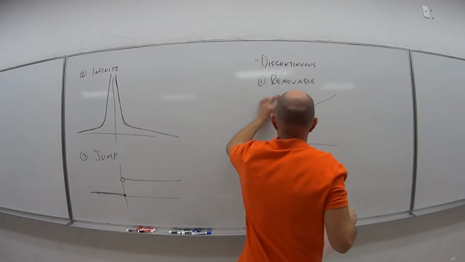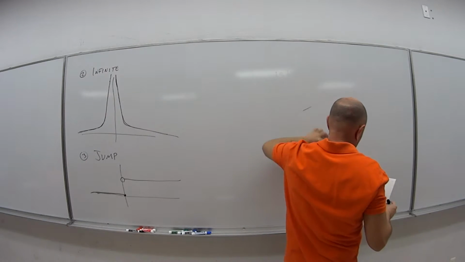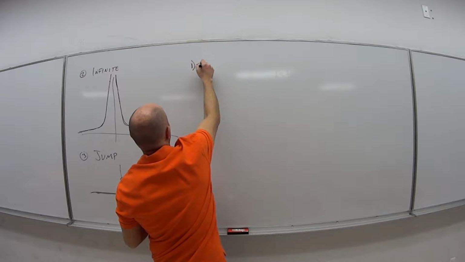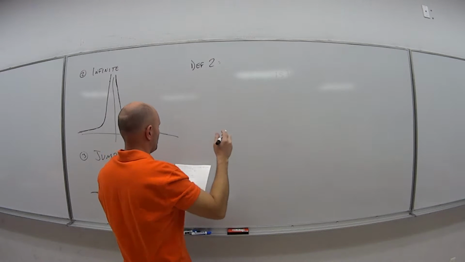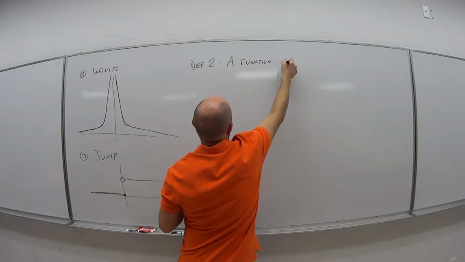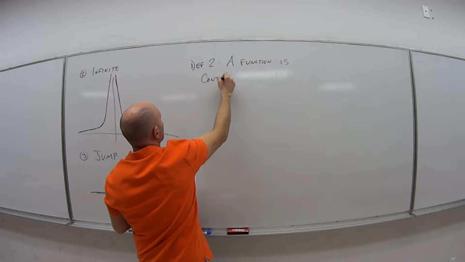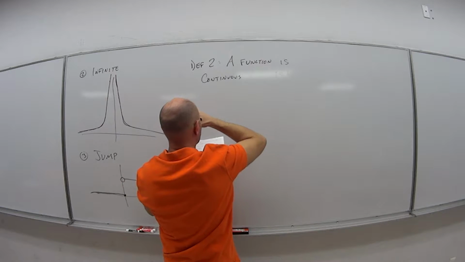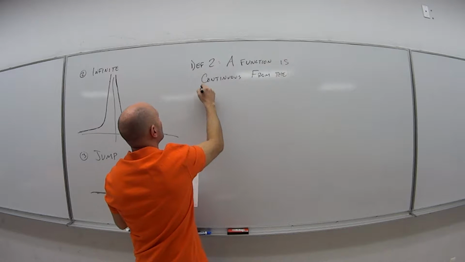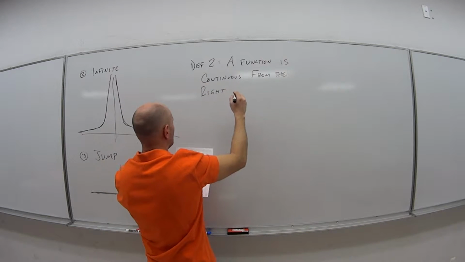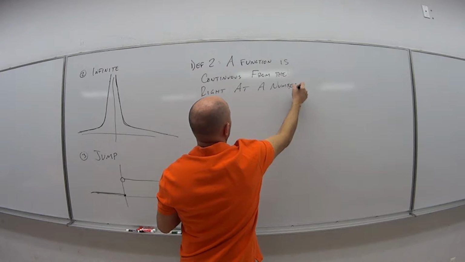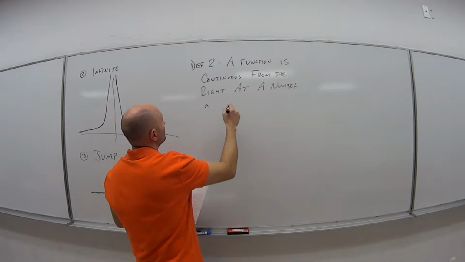Let's look at another definition. So we have the following for definition number 2. A function is continuous from the right at a number a if we have the following.